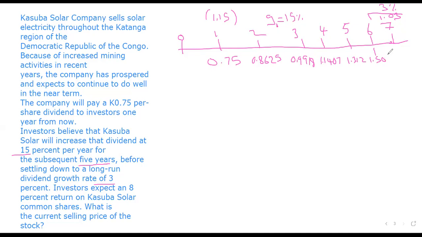The next one, after this one, is 1.5085. Then now times 1.03, what are you getting? 1.5537.